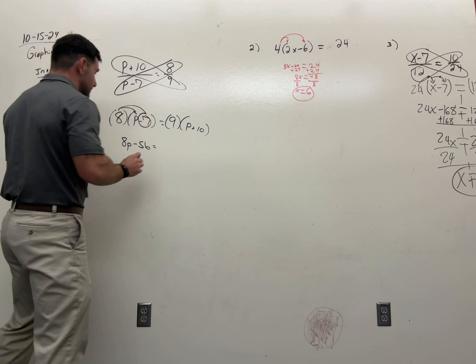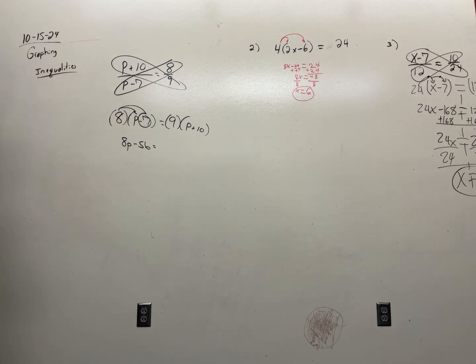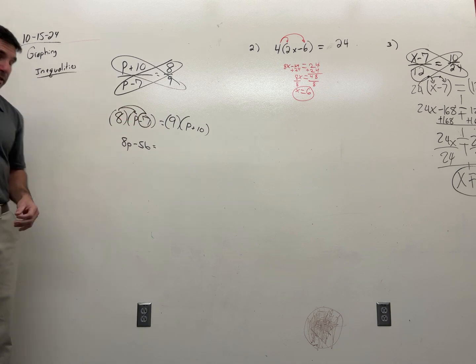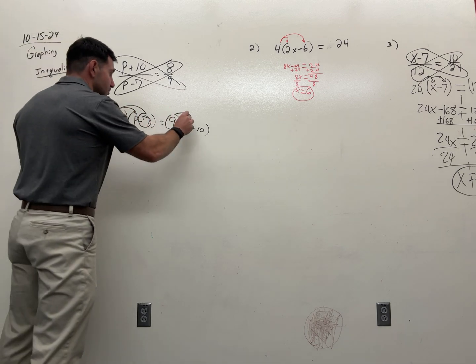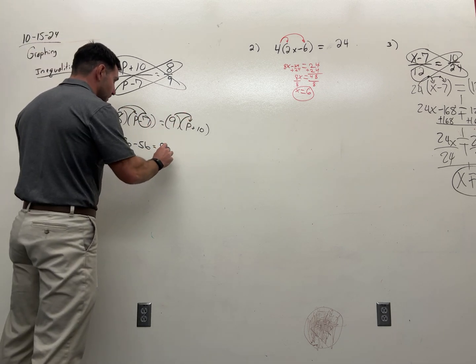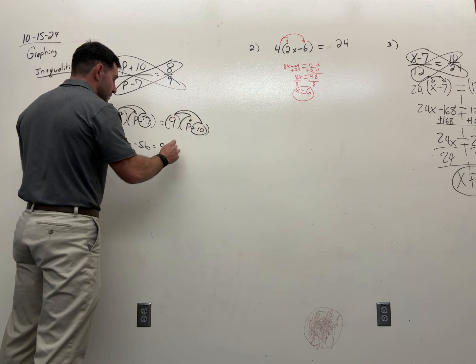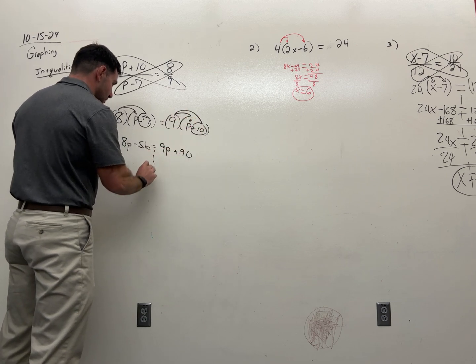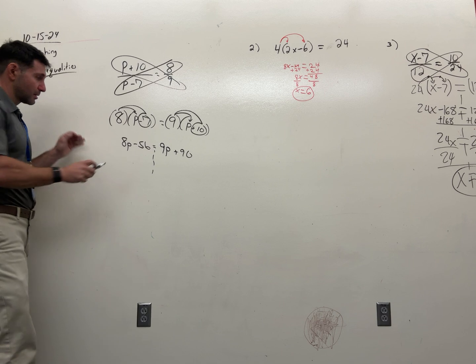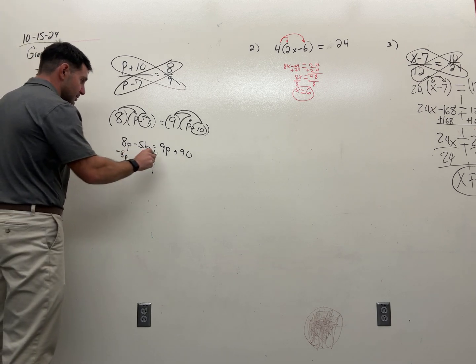Does it make a difference if I switch the sides? Because the 8's on... Do you mean if they're on the opposite sides? Yeah. No, it does not. So now I'm distributing 9p plus 90. So now we're just solving the equation. We combine our p's.